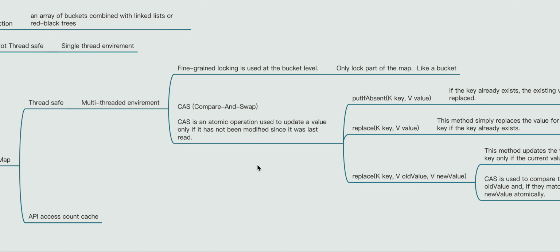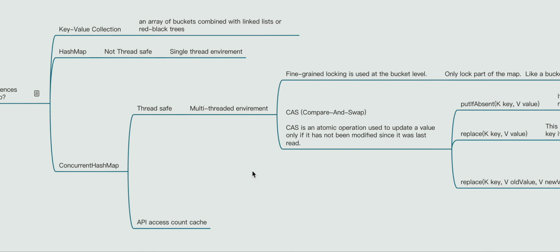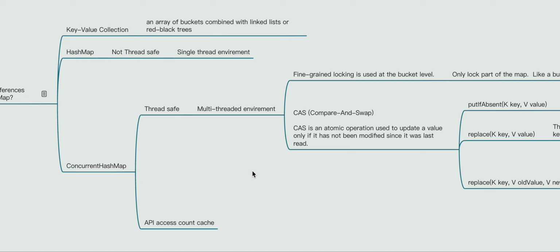And in an interview, you might also be asked to provide a scenario where you would use only ConcurrentHashMap. Based on what we talked about, it must be a multi-threaded environment. But somehow the AI might give you some example, like using different methods to update the user balance or the credit.